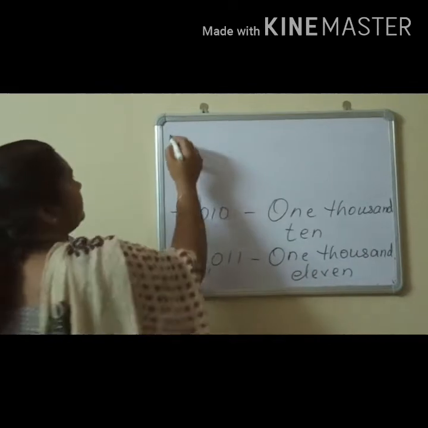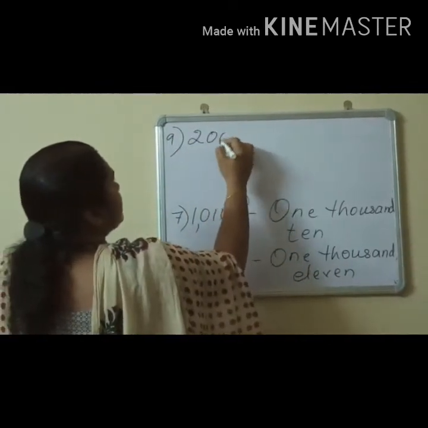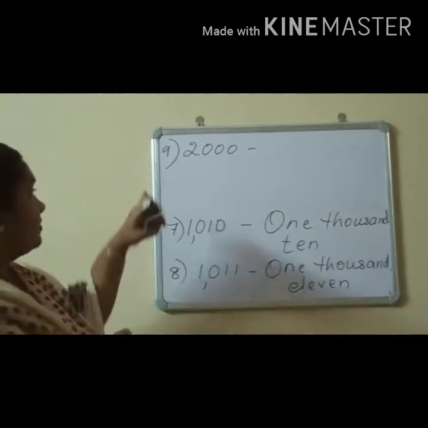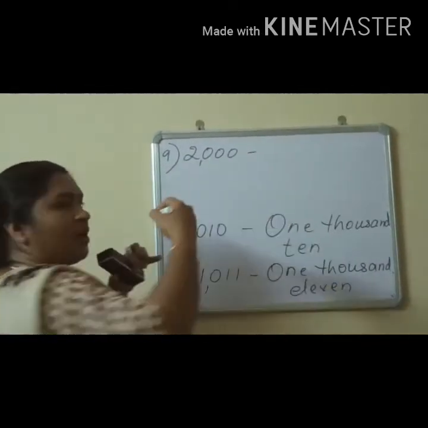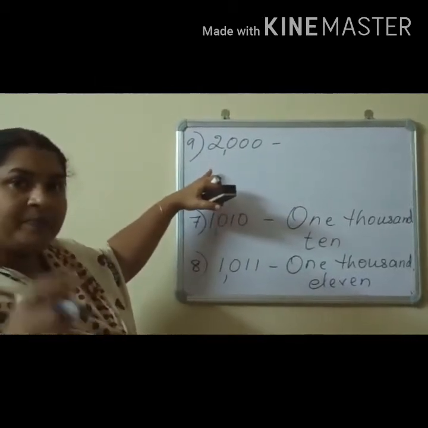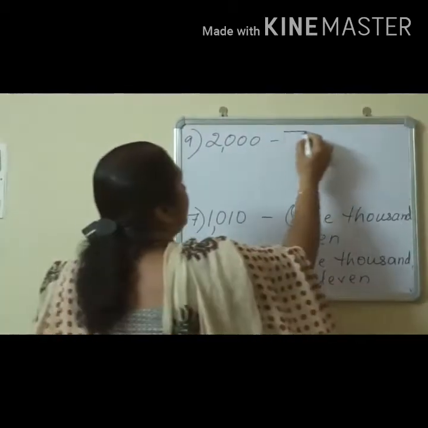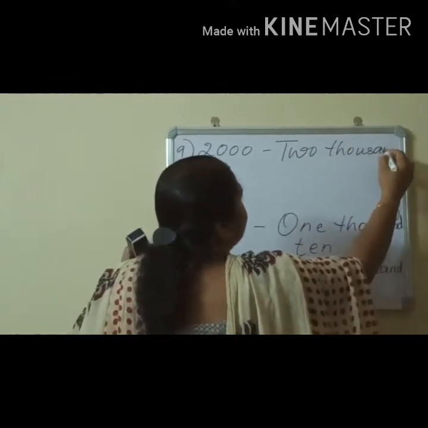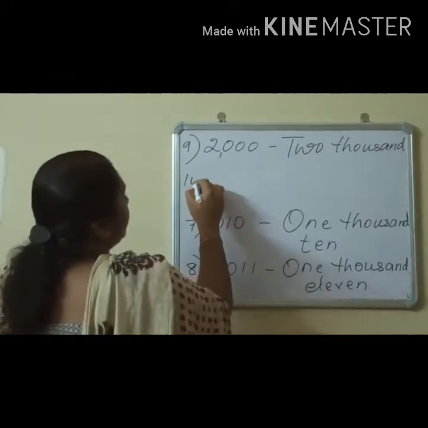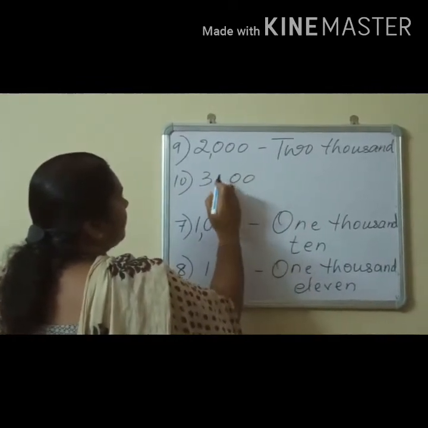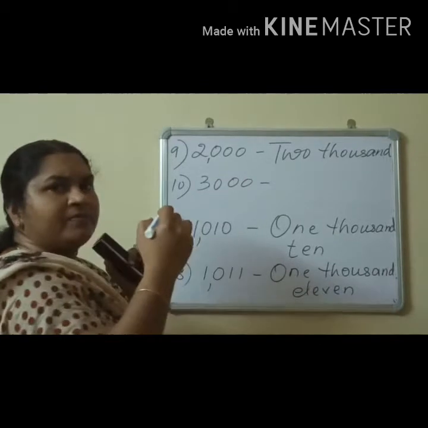What is this? Yes, after putting the commas, how many thousands are here? 2. Yes, very good. 2,000. Then what will be this? 3,000.